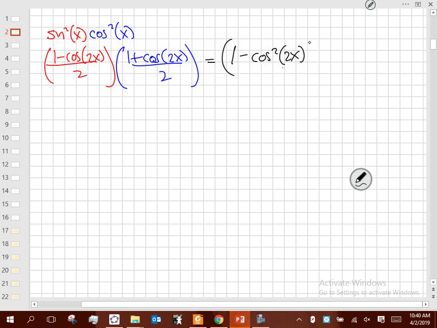all over 4. So I'm going to write it all over 4, 1/4 of that. And now I've got some options, and either option is fine. Last class we decided that this thing here we could rewrite as cosine squared, right?